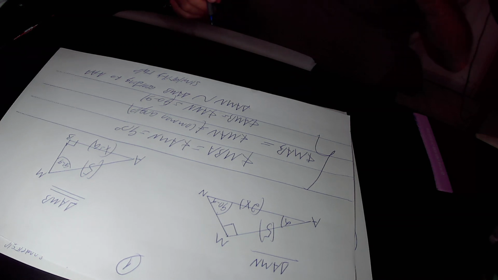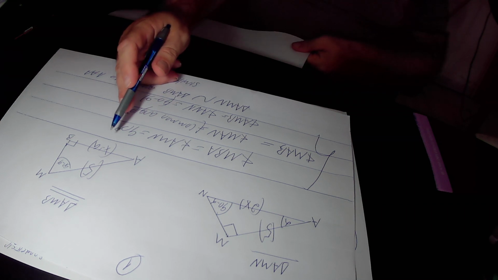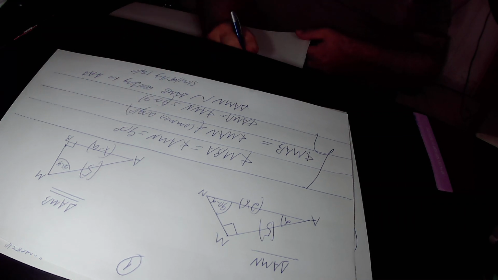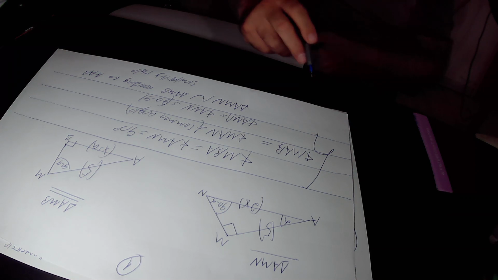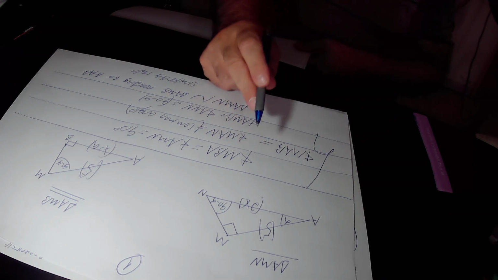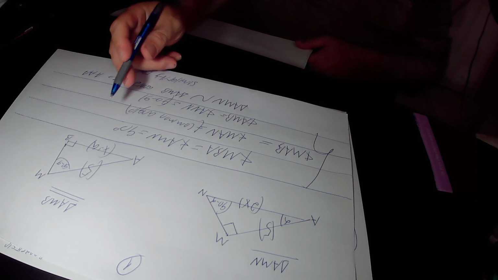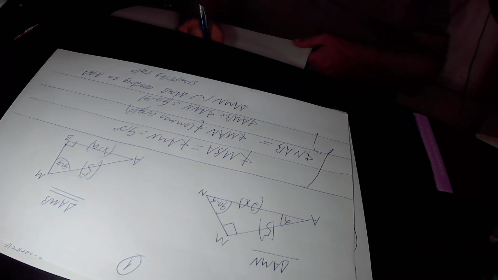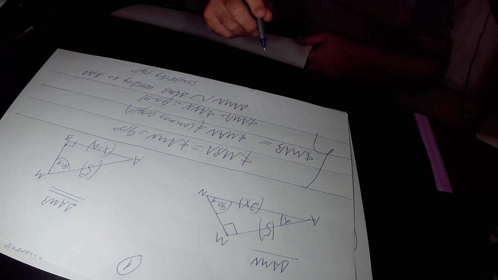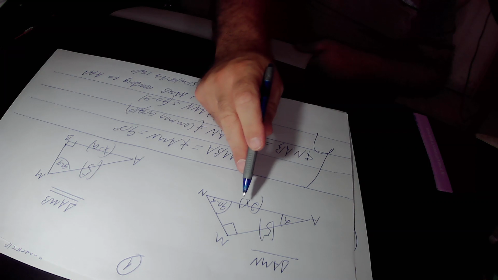We will derive that side AM of this right triangle AMB over side AN of this right triangle AMN is equal to side AB of this right triangle AMB over side AM of this right triangle AMN.